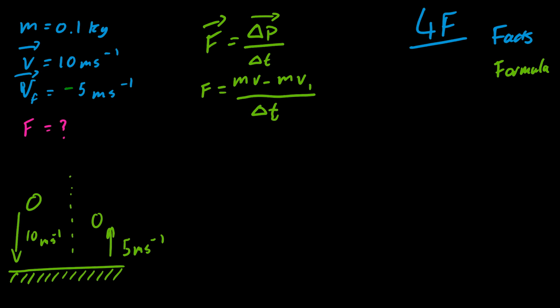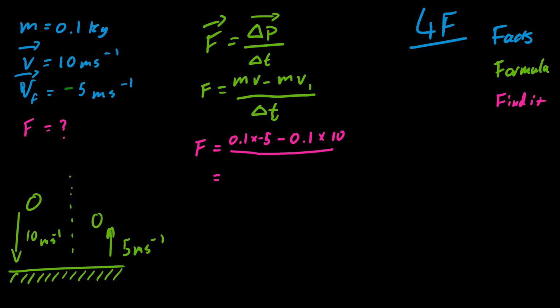So we're going to move now to our find it section. And so our force is now equal to 0.1 multiplied by negative 5, oops, instant error there. That's our final velocity, multiplied by negative 5, take our 0.1 mass times by 10, the initial velocity, all over, don't forget the time.